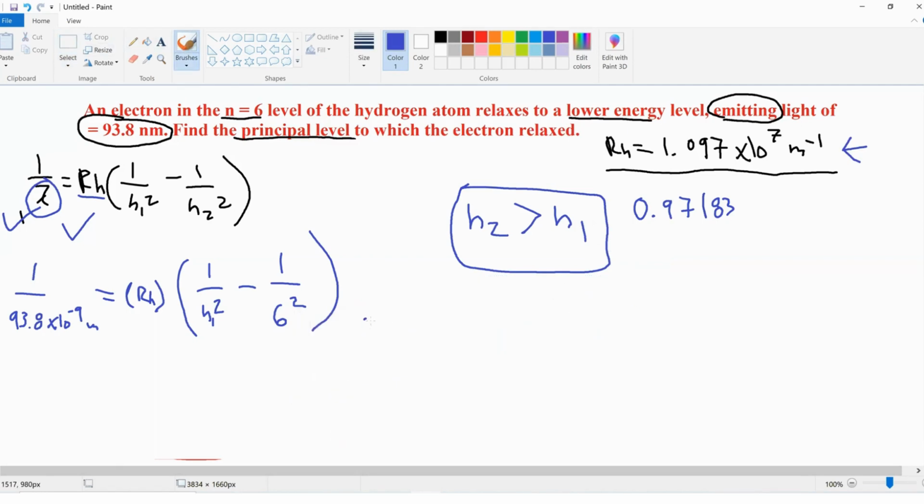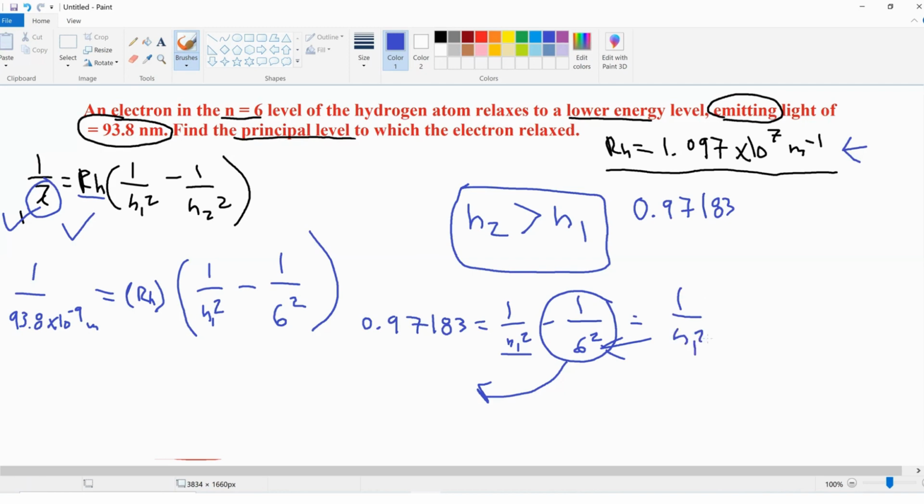So our left side of the equation looks like this so far. If you're following along, this is my calculator. I have 1 over n1 squared minus 1 over 6 squared. So now we need to move this number over here so we can leave n1 by itself. But right off the bat, we know that 1 over 6 squared is 1 over 36.